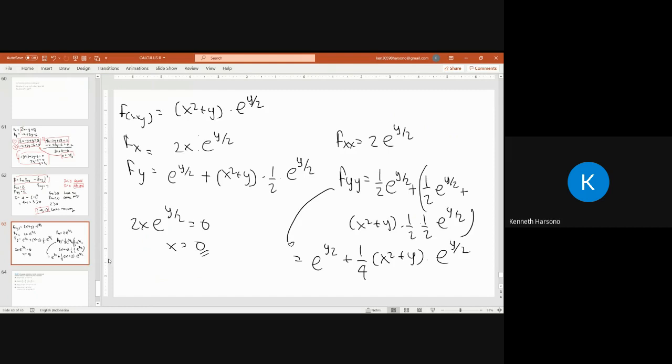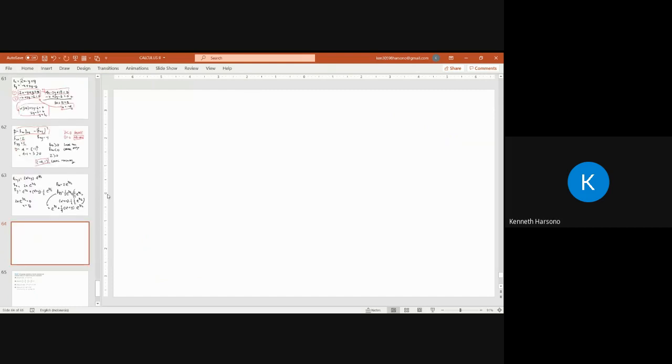And for the second one, let's move on to the next page. E power of y over 2 plus x squared plus y equal to 0, and this x is 0 from our first equation.